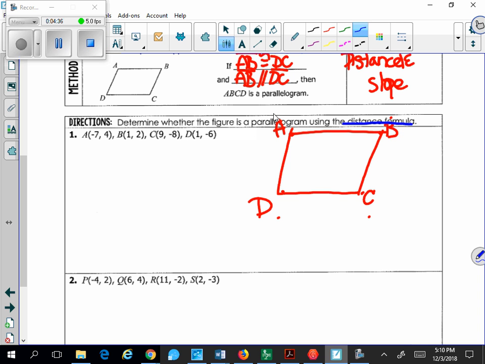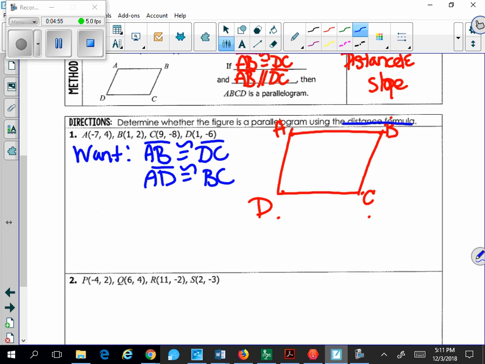So what I want is for AB to be congruent to DC, and I want AD to be congruent to BC. So basically, you want to use the distance formula to find how long each of those sides are.